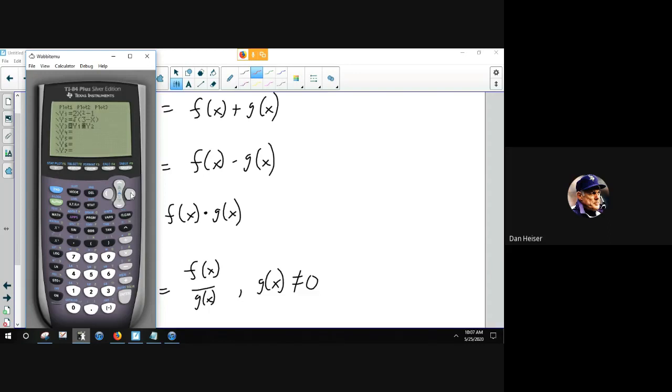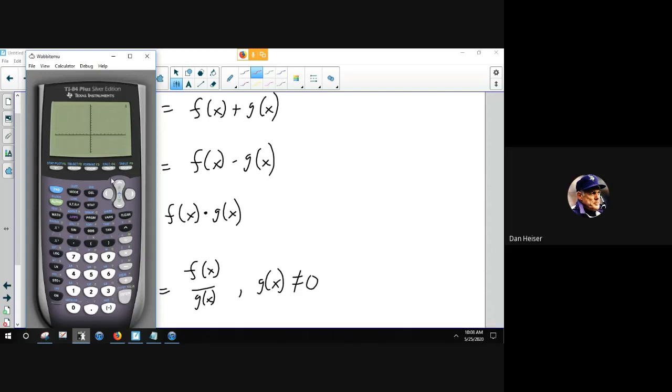See what happens when we subtract. Looks pretty similar. Let's go ahead and multiply. I want to zoom in on this area here.